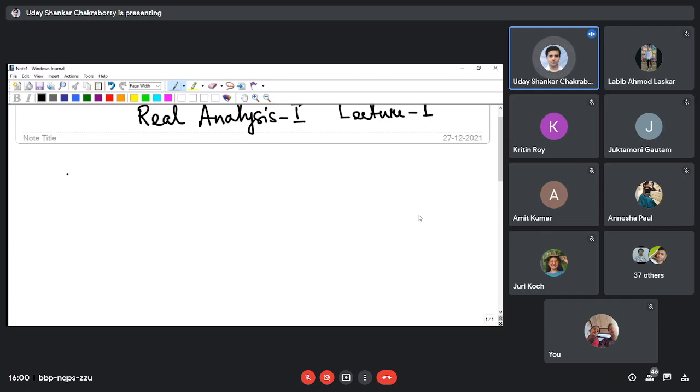Let us consider any non-empty subset of R. Let A be a non-empty subset of the set of reals.